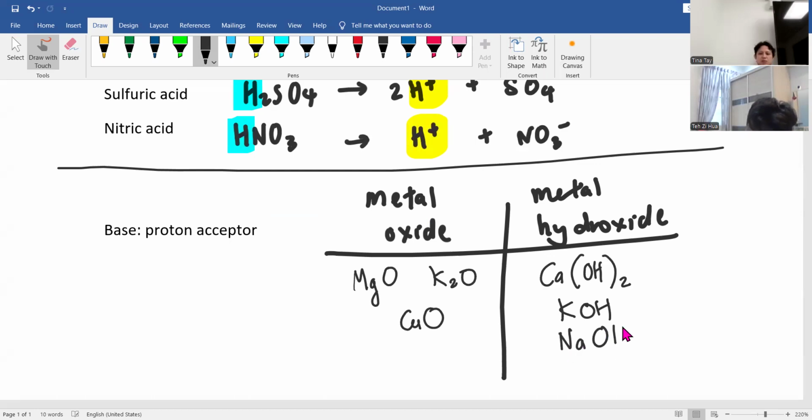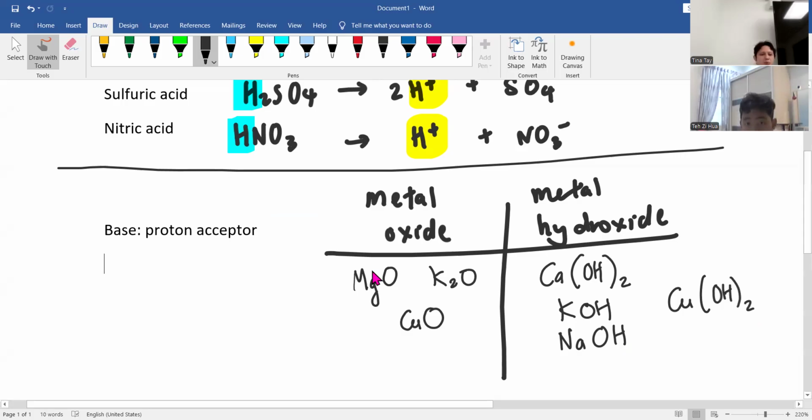Sodium hydroxide is a base. Copper hydroxide is a base. So all of these bases are proton acceptors.